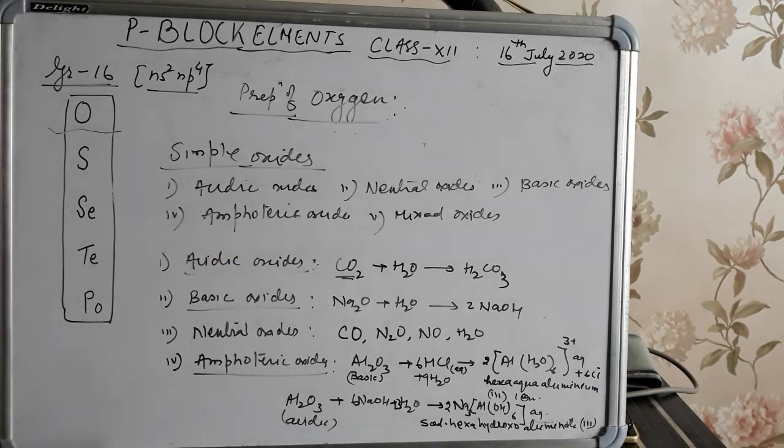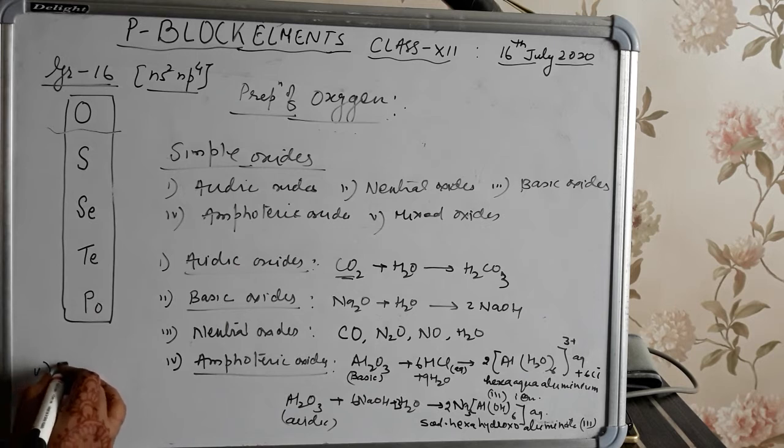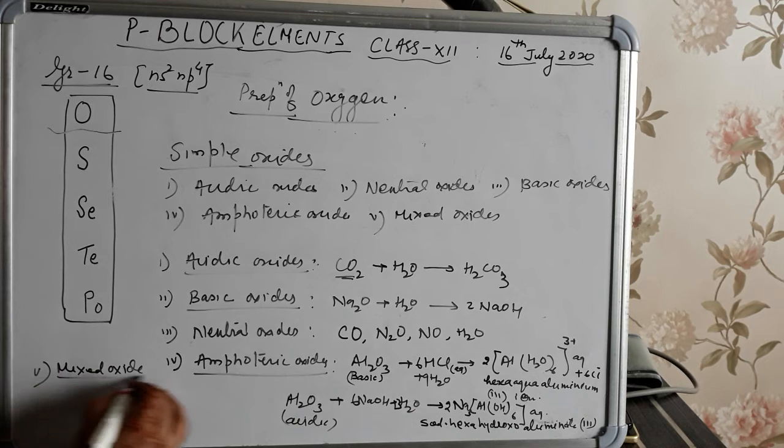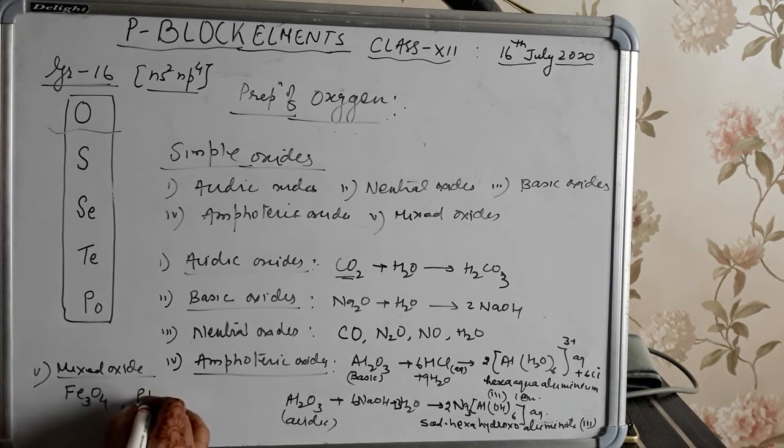One more oxide is mixed oxide. Mixed oxide, students, you are all familiar with the formulas Fe3O4, Pb3O4, Mn3O4. Fe3O4 is made up of ferrous oxide and ferric oxide, ferroso-ferric.